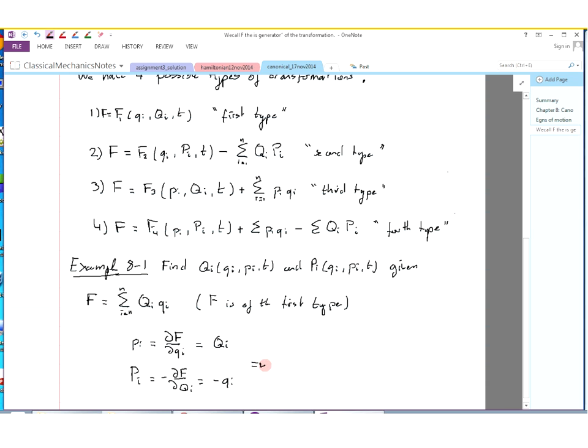So what this transform does is that Qi equals pi and capital Pi equals minus little qi. So this transformation, given by the generating function of the sum of the capital Q's and little q's, has the effect of swapping what we mean by momentum and coordinate and adding a negative to the coordinates.